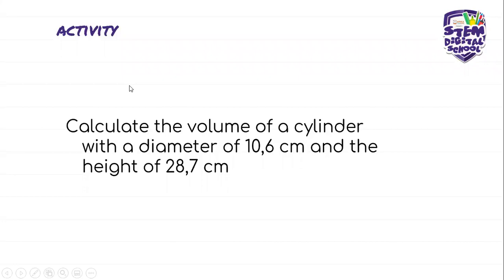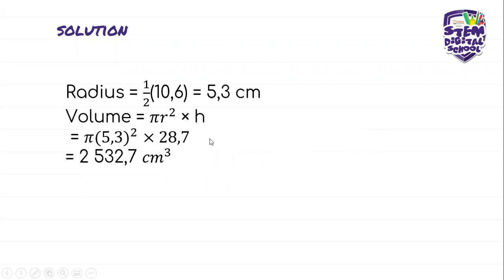There's not much in the chat group, but let me demonstrate to you what's important here. Firstly, you need to find the radius. Whenever you are given the diameter, you need to use that to find the radius. Remember that 10,6 is your actual diameter, and of course, the radius will be half of that.